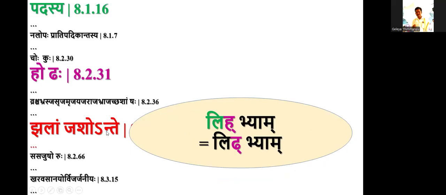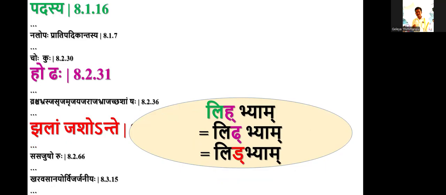Now by this sutra, the jhal letter present at the end of a pada, this lidh is a pada, it ends with the jhal letter dhakara, so that will be converted into jash letter. Jash means the third letter of each varga, so the fourth letter will be converted into the third letter, lid bhyam. All these sutras are in the Adhikara Padasya.